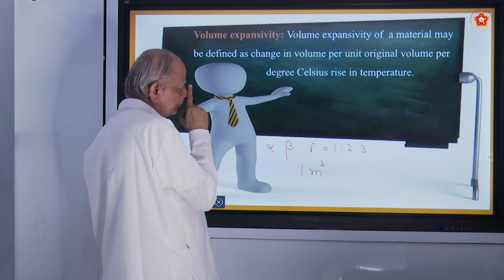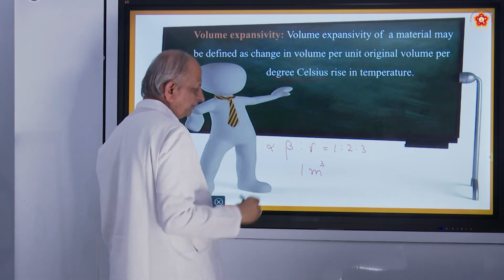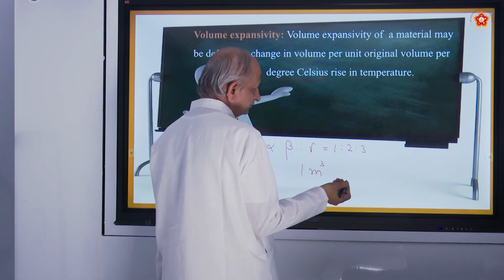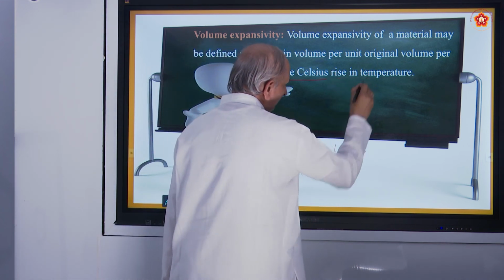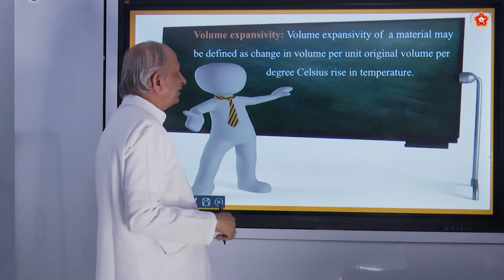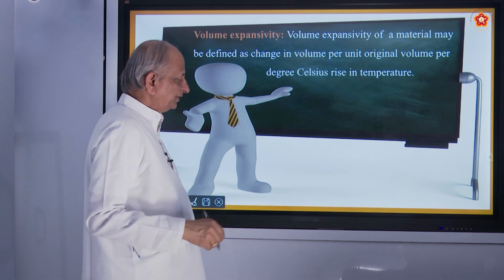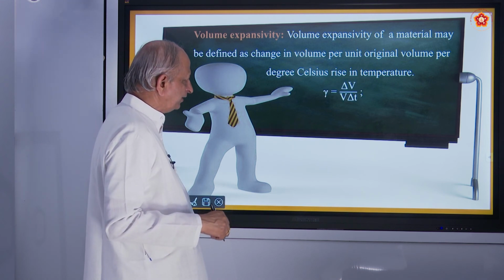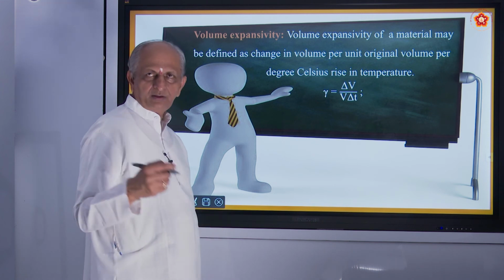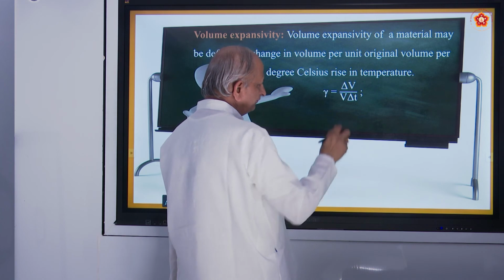The cube is heated. So for 1 degree Celsius, the volume changes. For every rise in temperature, that change is what is called volume expansivity. Just as we had a formula for linear expansion, we have a formula for gamma here.